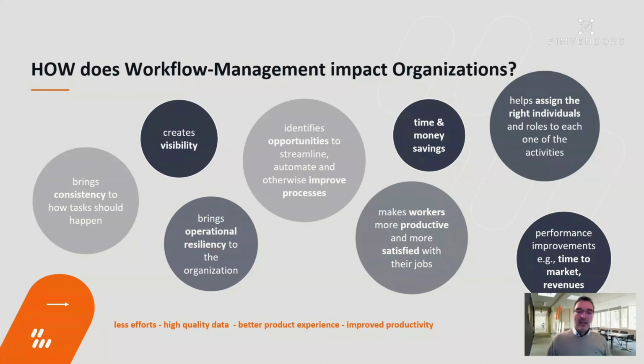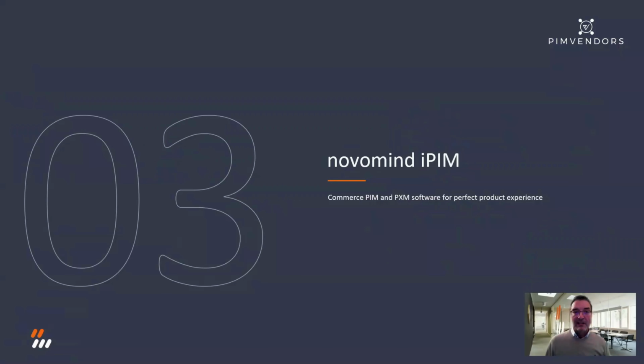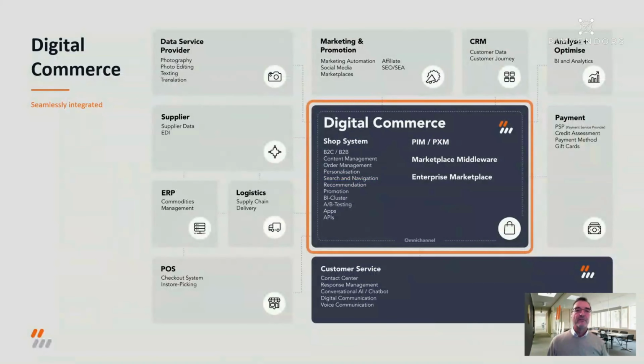Let's now have a look into the software itself in order to get a good idea of how novomind iPIM manages workflows throughout the product lifecycle. Let me start with a very brief overview. novomind iPIM is a comprehensive commerce PIM and PXM software with modular architecture, SaaS-based, obviously.